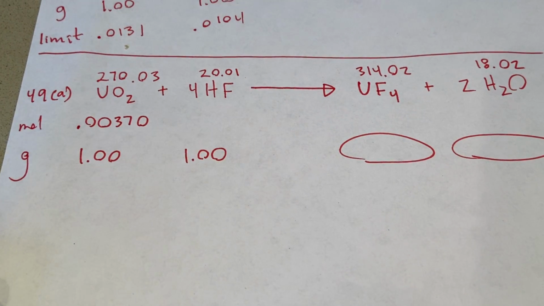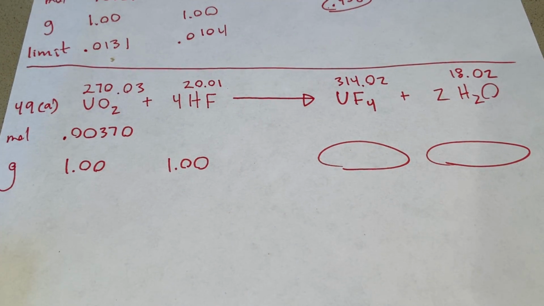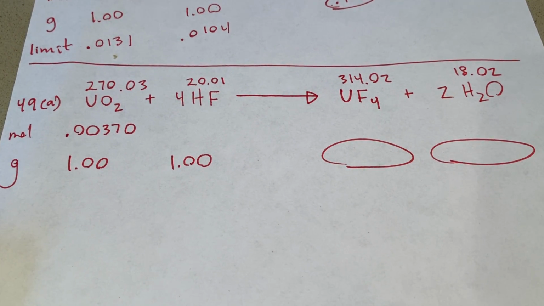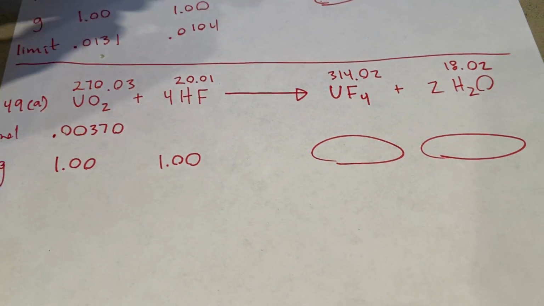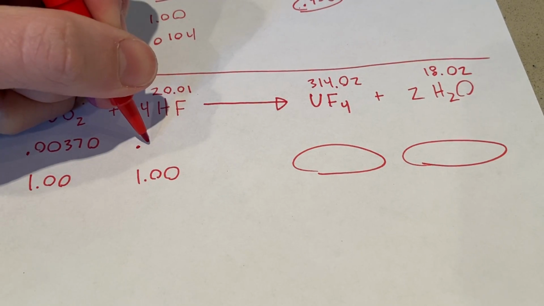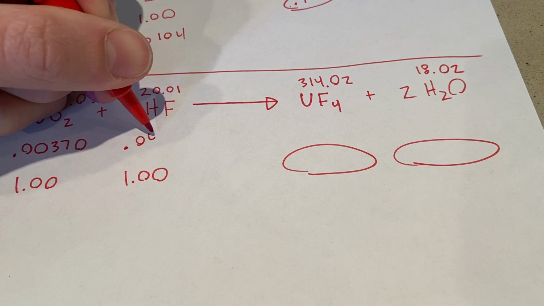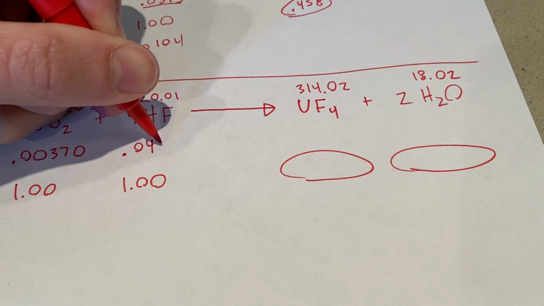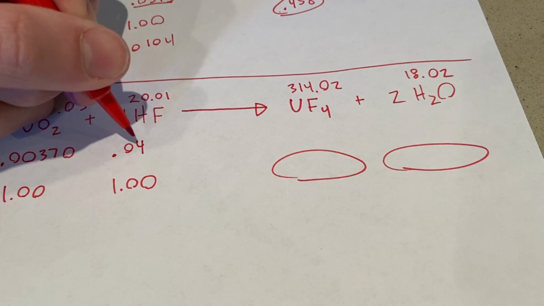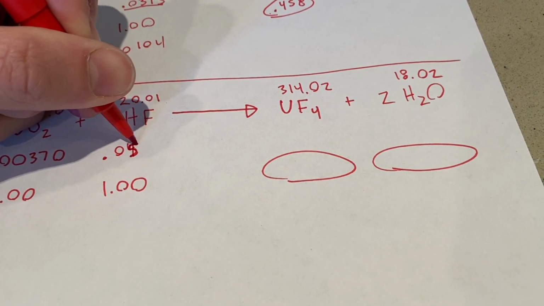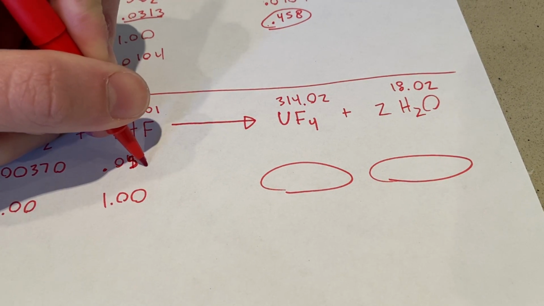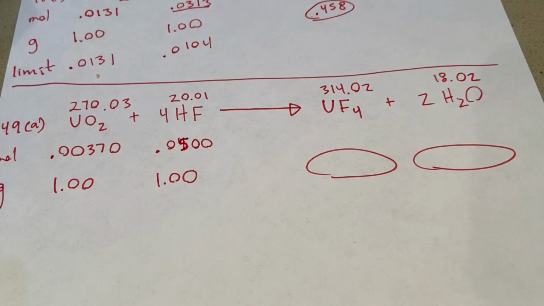Over here, I'm going to take 1 and divide by 20.01. And that is a small, but not nearly as small, 0.049. Actually I have to round it, don't I? So it'll be 0.0500.